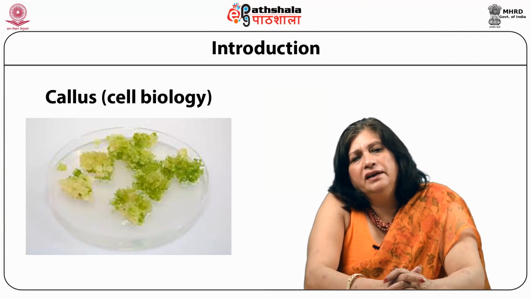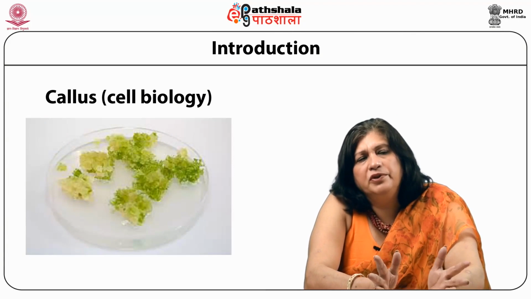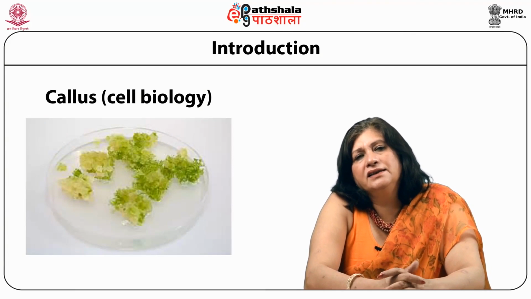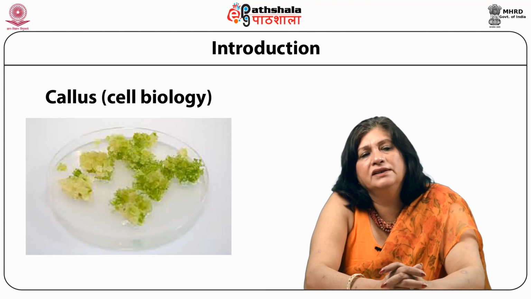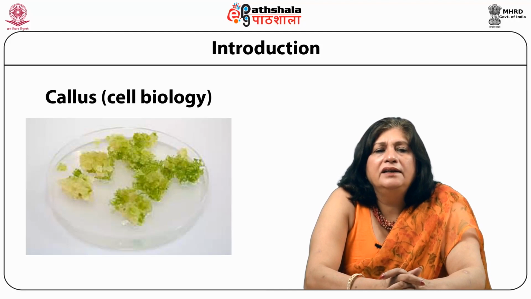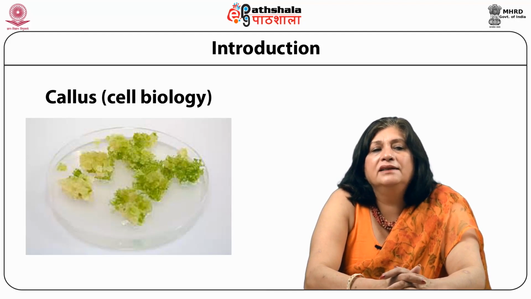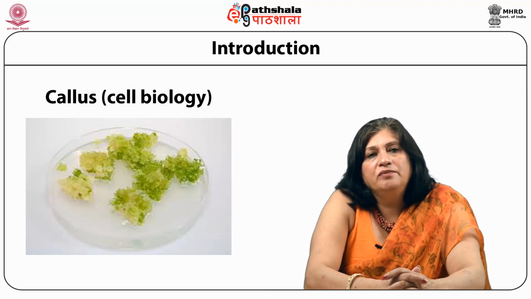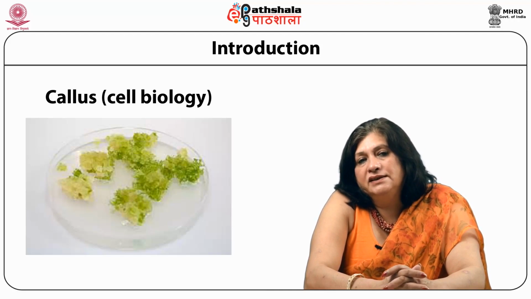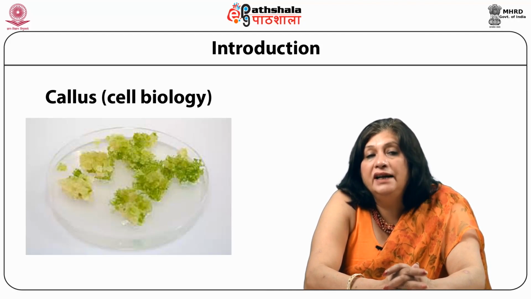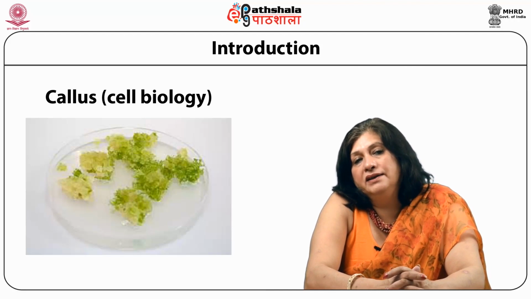You will be learning later the term totipotency, and that is that each cell has capacity to form a complete organism. And callus can be formed from any cell, that is de-differentiation of differentiated cell, to form an unorganized mass of parenchymatous cells, which then can be induced to form a plant.